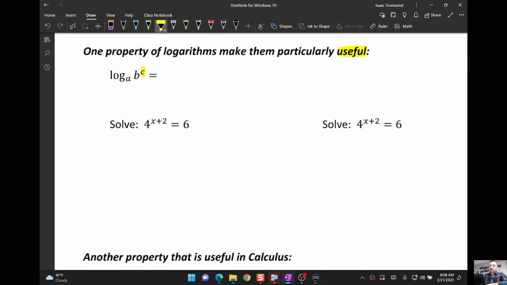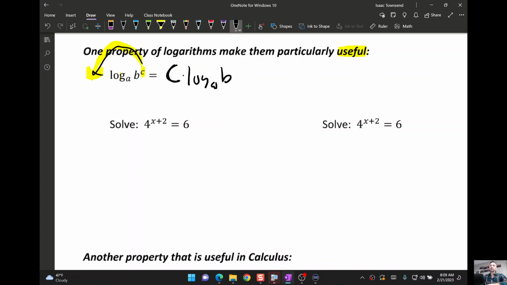If you're trying to solve for something in the variable like this, if it's an exponent on something that you're taking the log of, this can come down out front like so. The exponent on the thing that you're taking the log of can come down out front, and then it becomes multiplication.